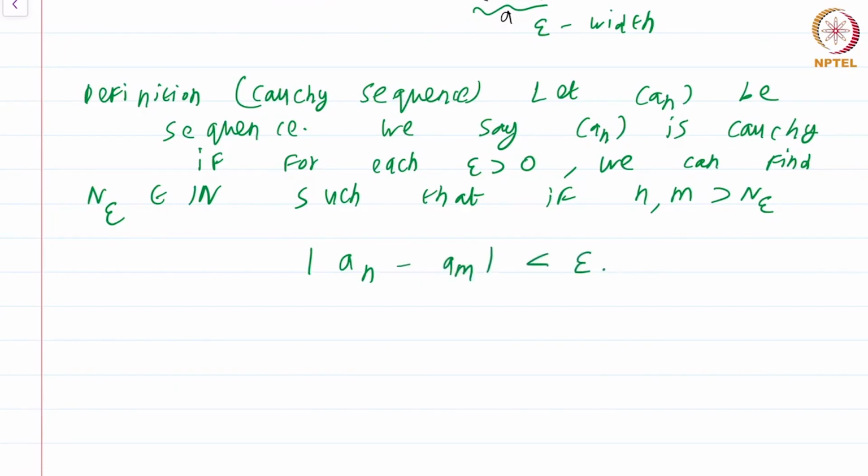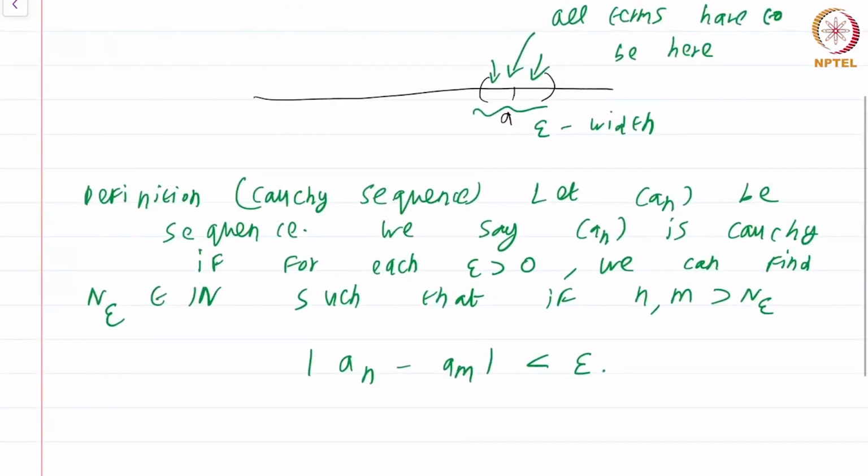So what this is saying is precisely what is illustrated in this picture. If you can choose N_epsilon in such a manner that if you sample any 2 points of the sequence that lie beyond N_epsilon, then they will be epsilon close to each other at max, then such a sequence is said to be a Cauchy sequence.